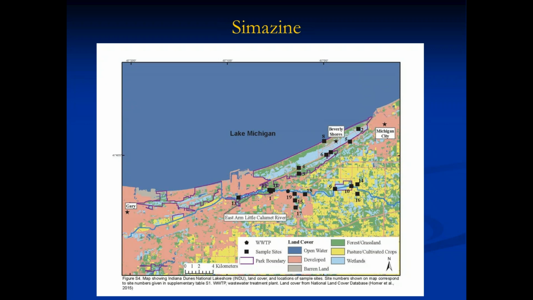The reason why it caught my attention is that this was the only park where we detected simazine. And when we look at where most of the detections occurred in these red circles, most of them occurred in this agricultural area. You did get some downstream here, but generally speaking, more of the detections are up in the agriculture area of the park.